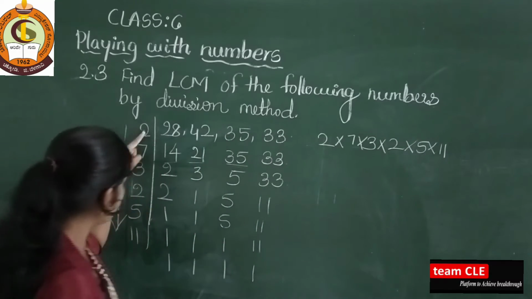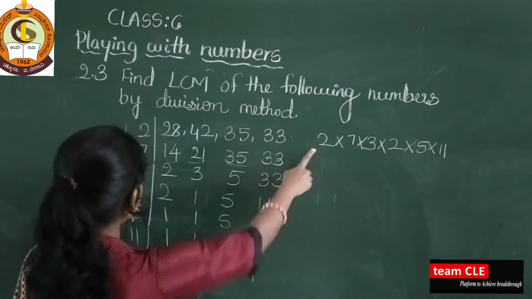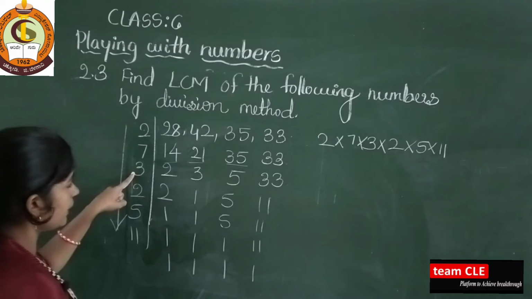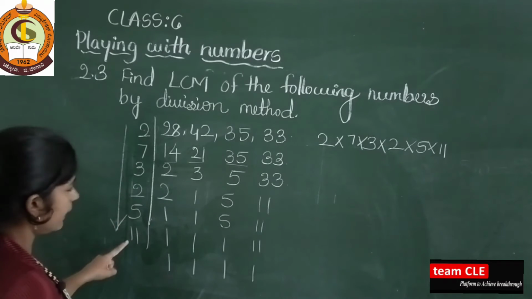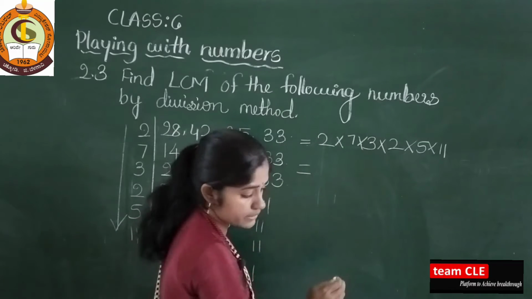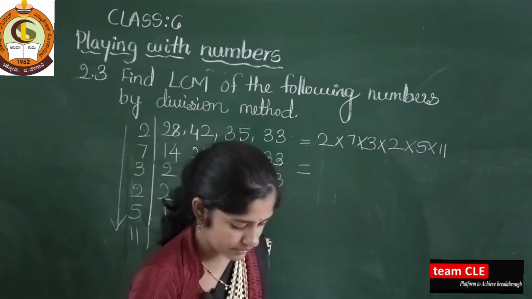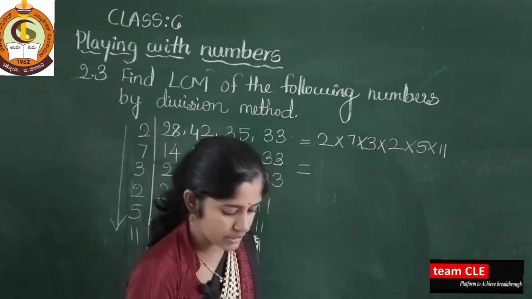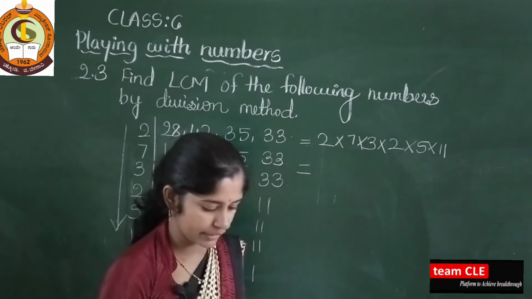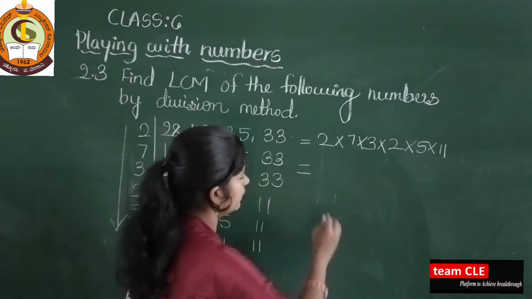See, which numbers are there, the same numbers I wrote here: 2, 7, 3, 2, 5 and 11. Next you need to multiply all these numbers. By multiplying I will get the answer 4620. So the answer is 4620.